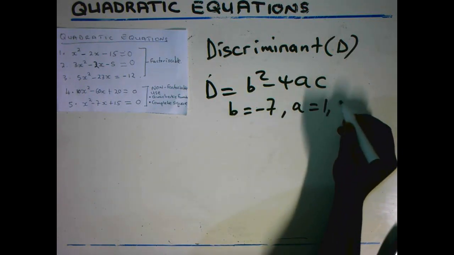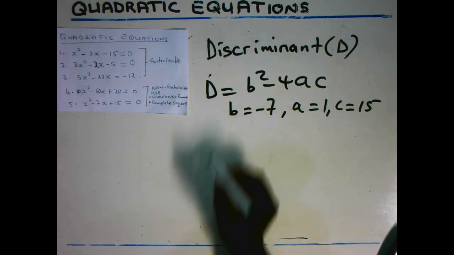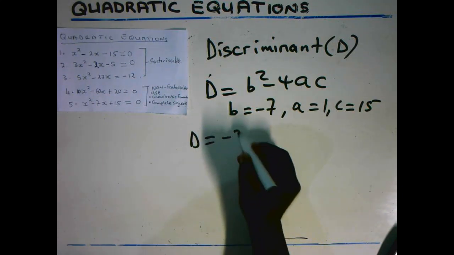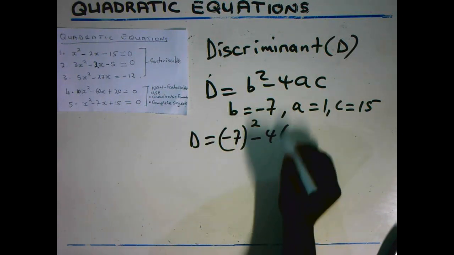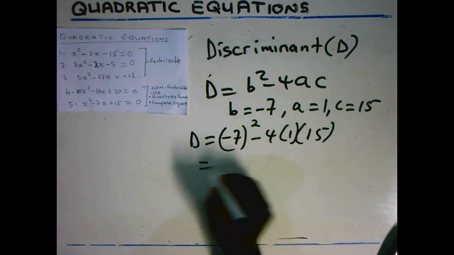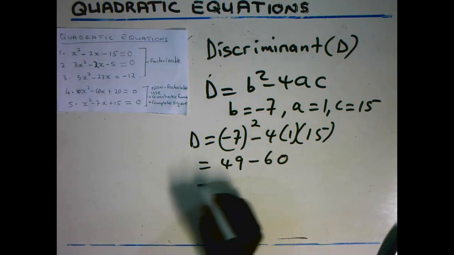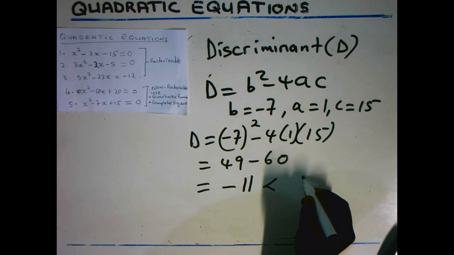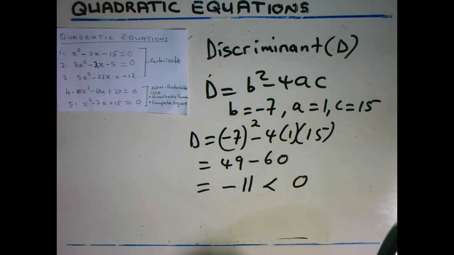And C is equal to 15. So substituting, D is equal to minus 7 squared minus 4 times 1 times 15, which is equal to 49 minus 60, which is equal to minus 11, and it is less than 0. Minus 11 is less than 0, true, yes.